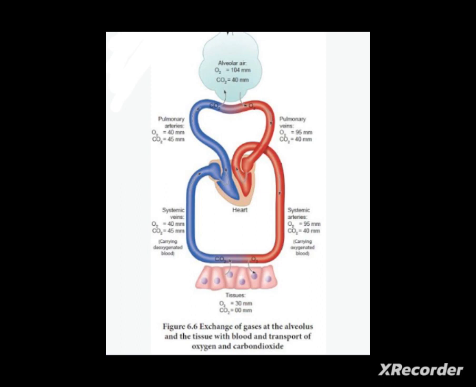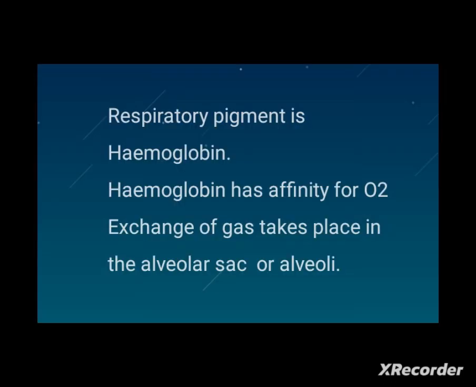Blood brings carbon dioxide from the rest of the body and releases it into the alveoli. Oxygen in the alveolar air is taken by blood and transported to all cells of the body. Blood contains the respiratory pigment, that is hemoglobin, which is present in the red blood corpuscles, which has a high affinity or attraction for oxygen.